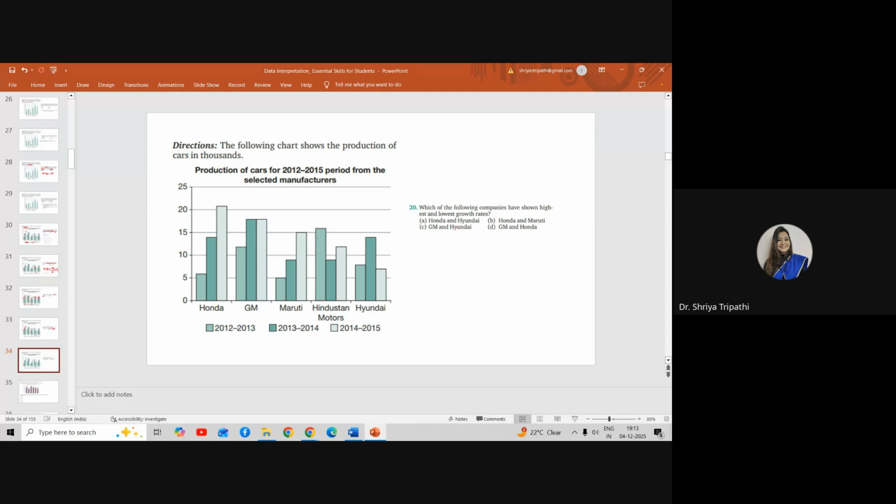Okay. The last one. Which of the following companies have shown highest and lowest growth rates?